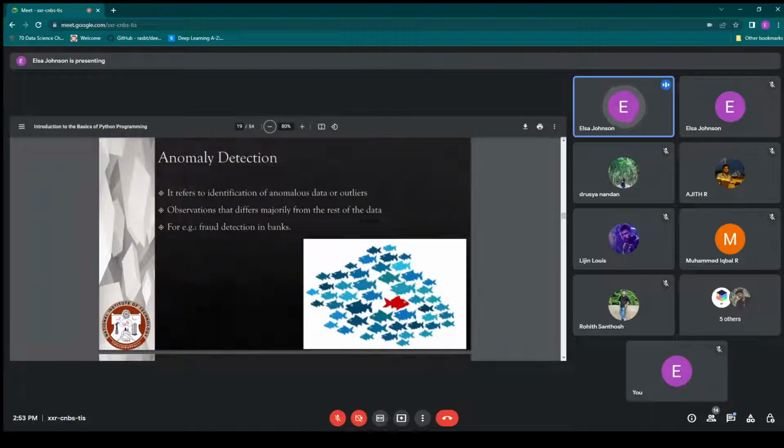Now next is anomaly detection. So it refers to the identification of anomalous data or outliers. Okay, so this can be observed when you do a particular transaction. So for example, you are a person who uses about 1,000 rupees each month. You don't draw much amount from your ATM in a month. So suddenly, for example, if you wanted to apply for a course abroad, or you're just trying for some higher studies or something, you should do a transaction in dollars actually.